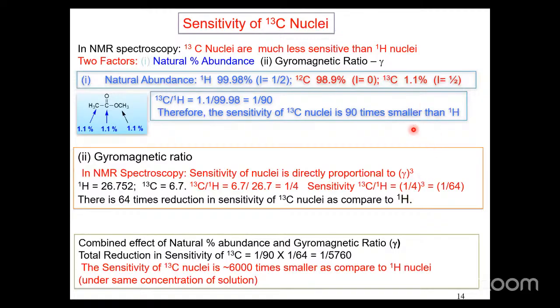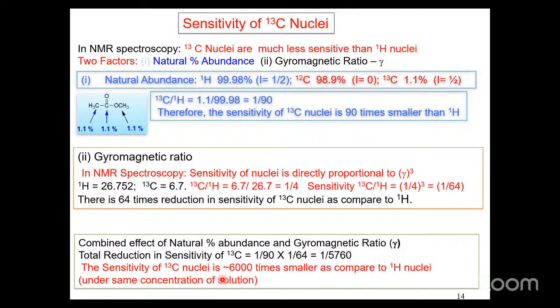If you consider both effects, you get 1 by 90 into 1 by 64. The total reduction in sensitivity will be 1 by 5,760. So let us take 6,000 as a round figure. The sensitivity of carbon-13 nuclei is around 6,000 times smaller compared to the H1 nuclei.